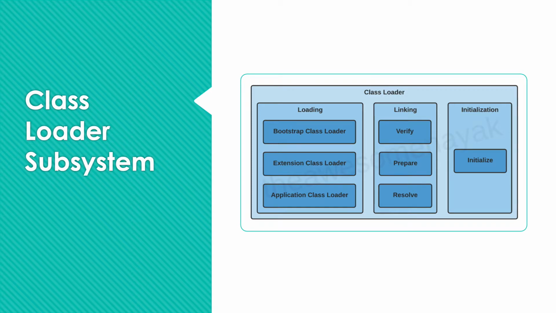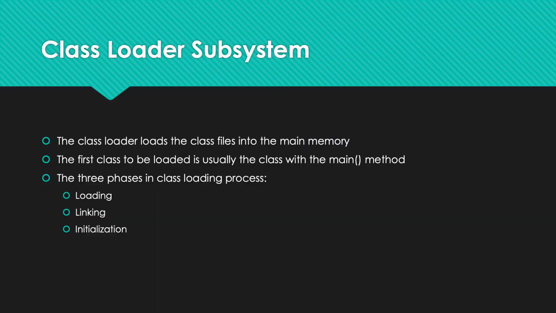The first thing that we should be looking at inside class loader is the loading component. Then you have linking, and finally you have the initialization happening. So we'll go in detail with each of these three components, three subdivisions.